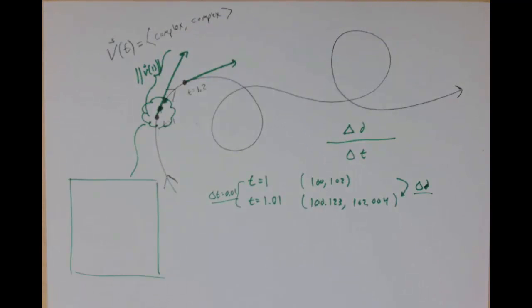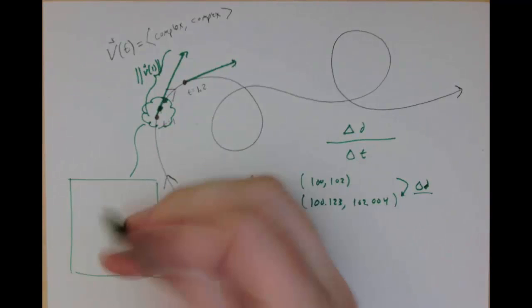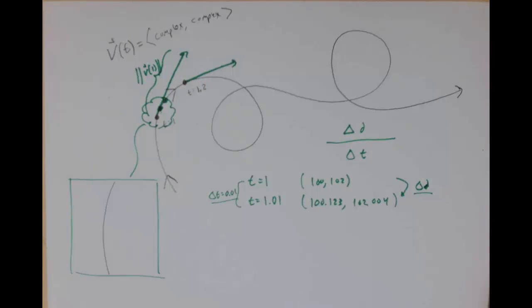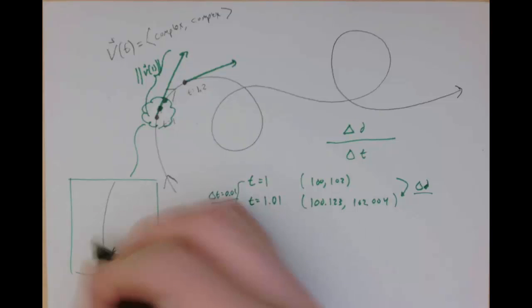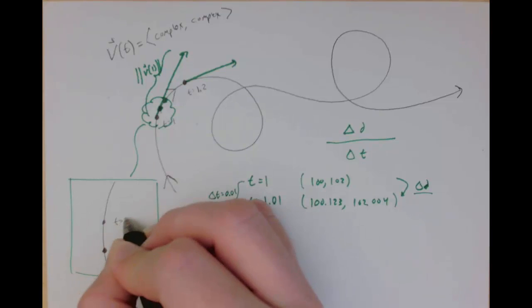Here, if we wanted to, we could zoom way in on just this little bit. And in just that little bit, we've got our path curvature there. And we've got our time t equals 1. But then, a split second later, we've got t equals 1.01.